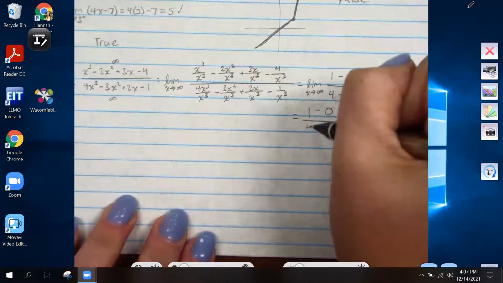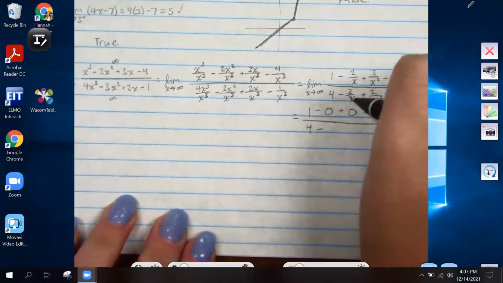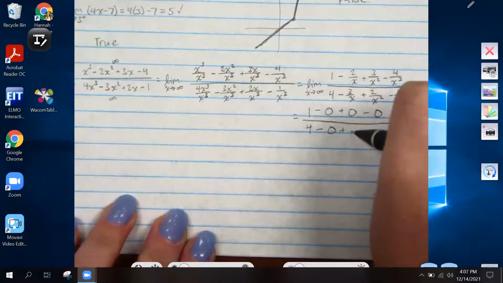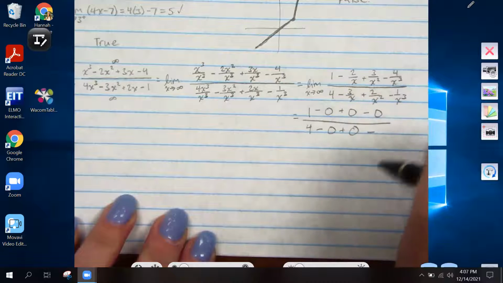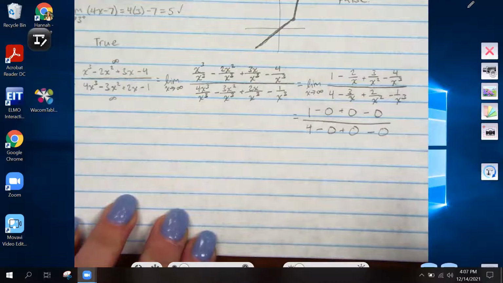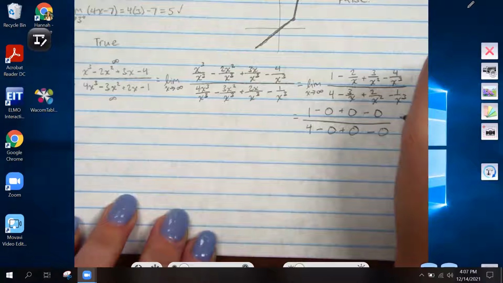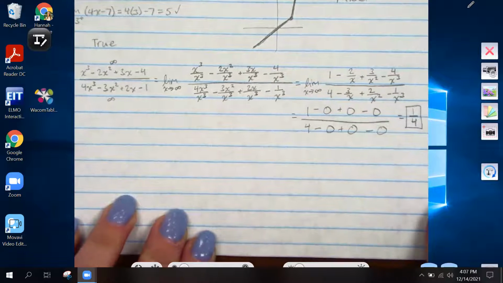In the denominator, we have 4 minus 3 over infinity, which is 0, plus 2 over infinity, which is 0, minus 1 over infinity, which is 0. So that leaves us with 1/4 as our answer.